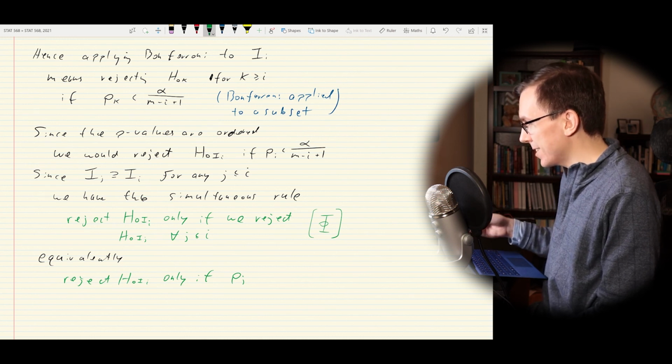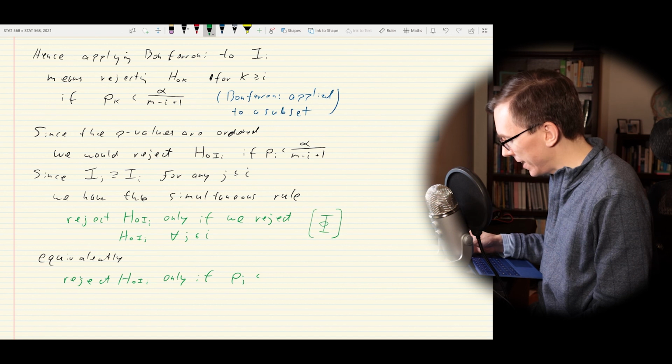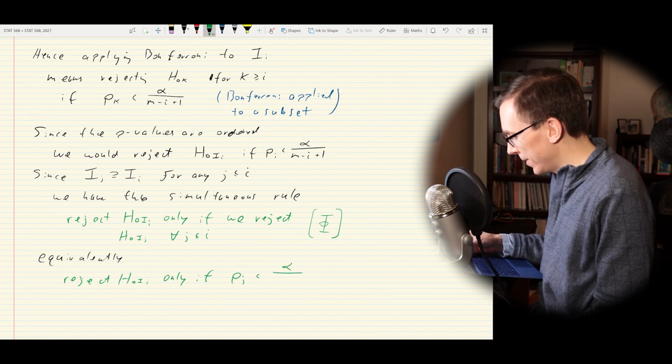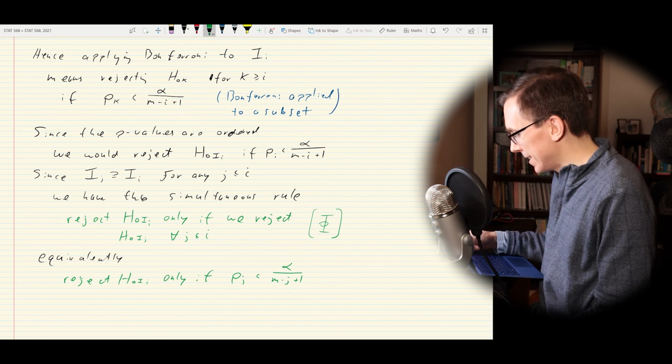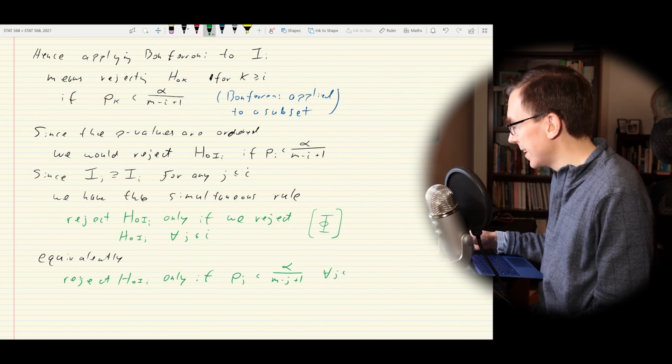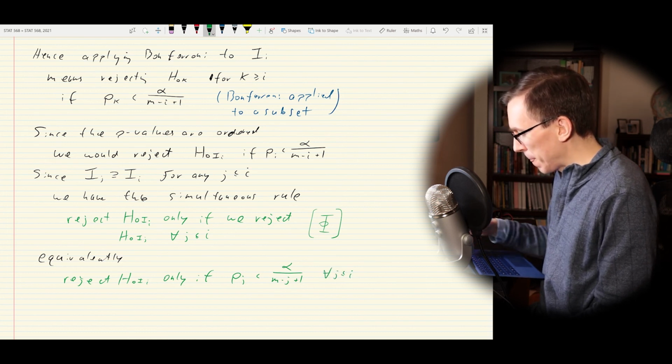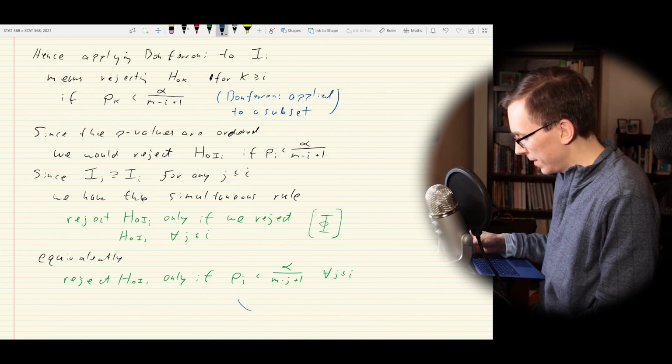Well, we'd reject H naught I sub j if p sub j is less than alpha over m minus j plus 1. And this is for all j less than or equal to I. And this is Holm's method.